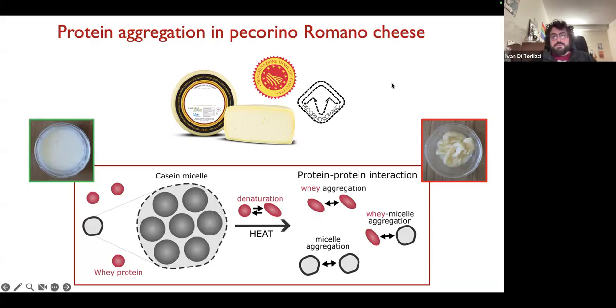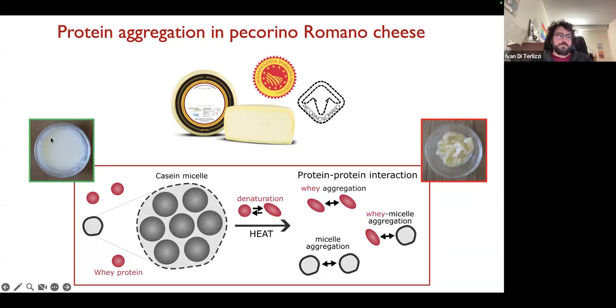Now, it's also known that whenever you mix something polar with something apolar, these things tend to separate. But there we have casein proteins which are able to bind these two chemical species and keep everything together. Once heated, the casein micelles are not able anymore to perform this job.